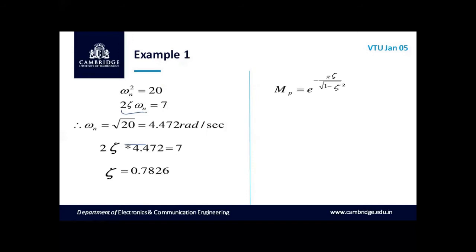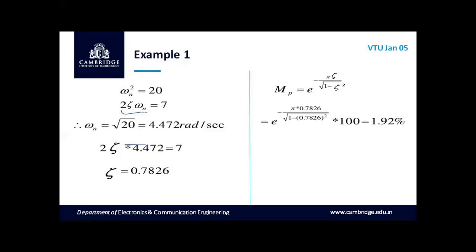So you have been asked to find the maximum peak overshoot in percentage. So MP is equal to e to the power minus pi zeta divided by square root of 1 minus zeta square. You have to remember and memorize all the time domain specification formulas for the examination point of view, else it will be very difficult to solve problems related to the time domain specifications.